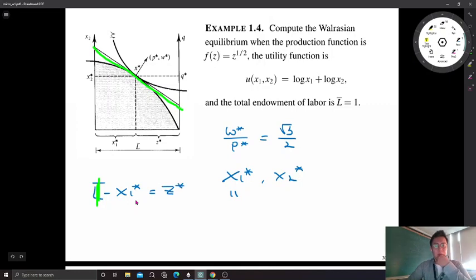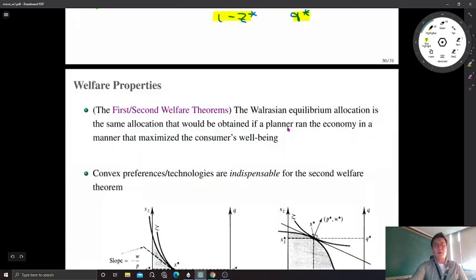So x1 star should be equal to 1 minus z star, and x2 star should be equal to q star. Okay. So we can identify all numbers this way, equilibrium price. Then we can identify optimal choice for leisure and optimal choice of consumption. And from that, because two markets must clear at this equilibrium price, we can identify the supply side as well. Okay, so that's the way to find an equilibrium.